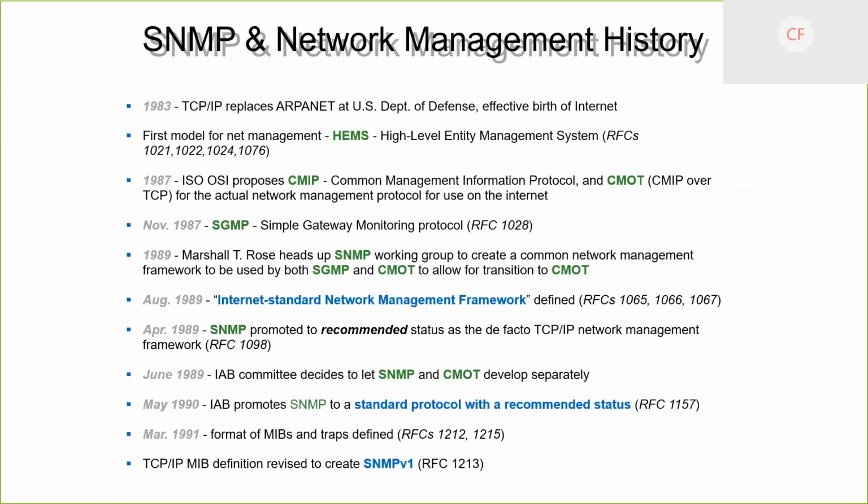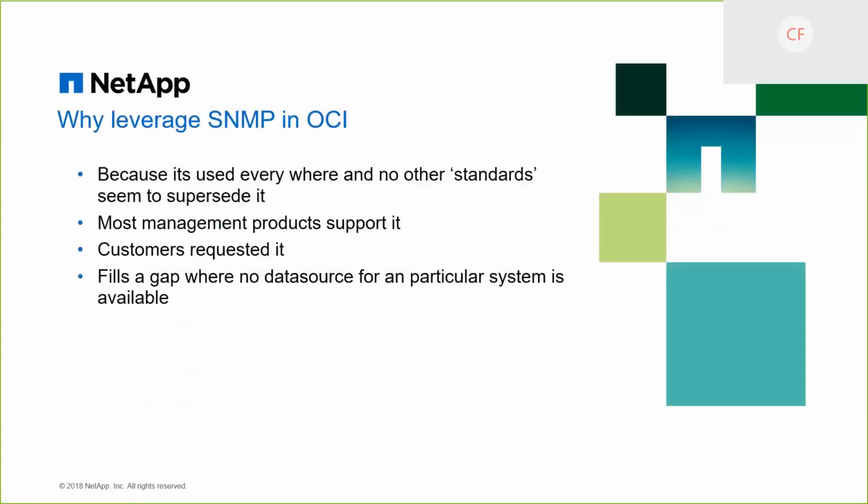But as you could see, the SNMP protocol went through a series of evaluations from the government and various standards bodies, and was really released in '91. The amazing thing about that is just how old this really is, and how it's had staying power despite how much it's changed over the years.